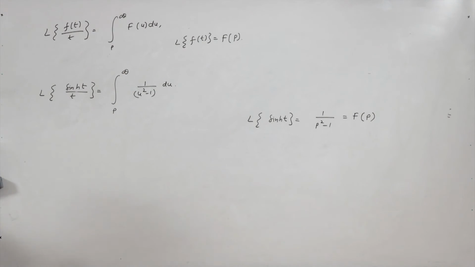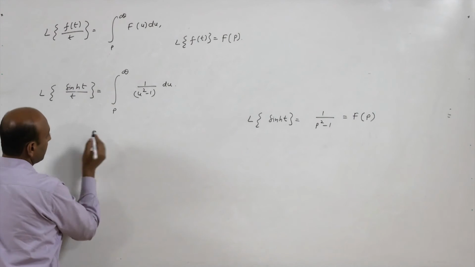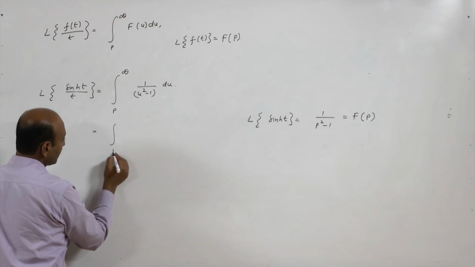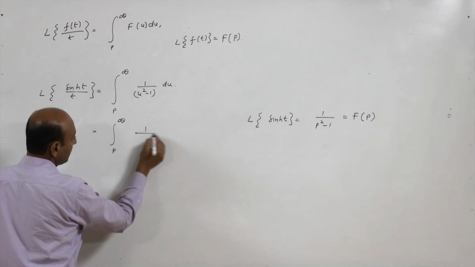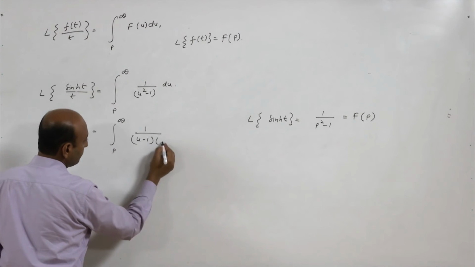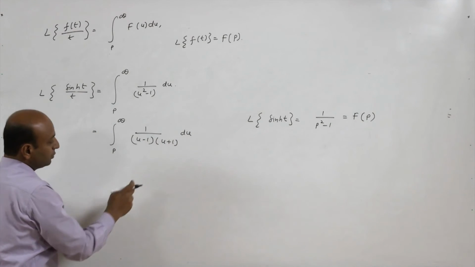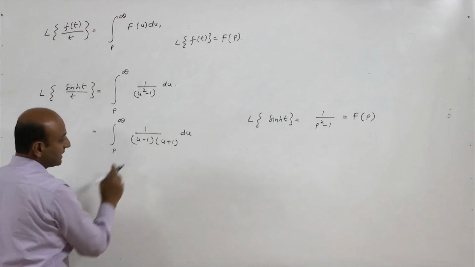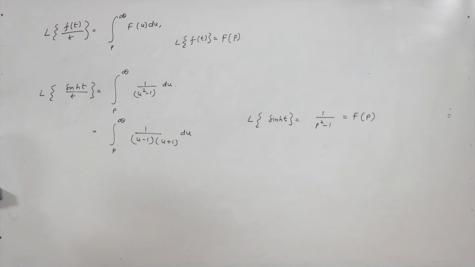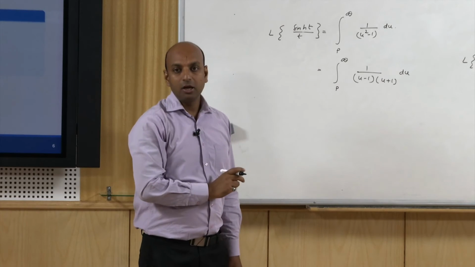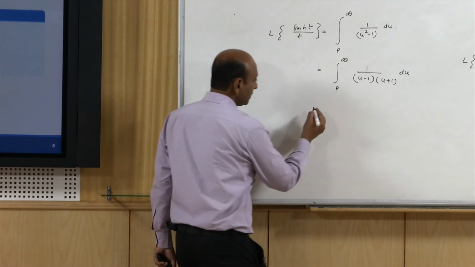Now we can integrate this using partial fractions. It is 1 upon (u minus 1) into (u plus 1) du. The difference of these two factors is 2, which is a constant quantity. So, we can multiply and divide by 2 in the numerator.